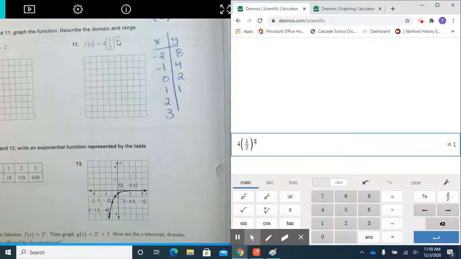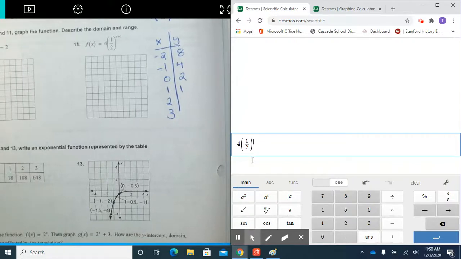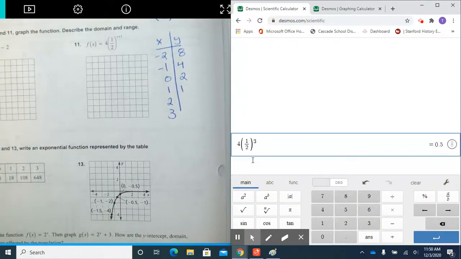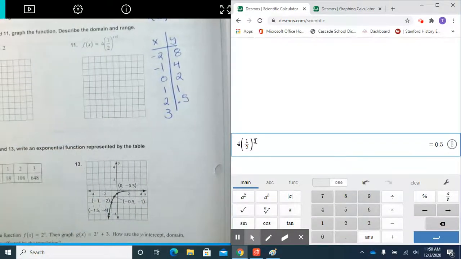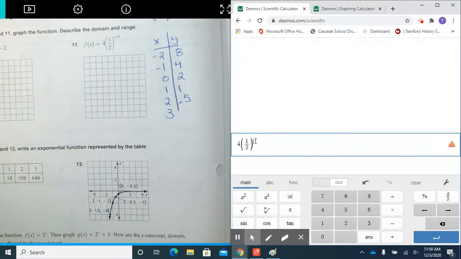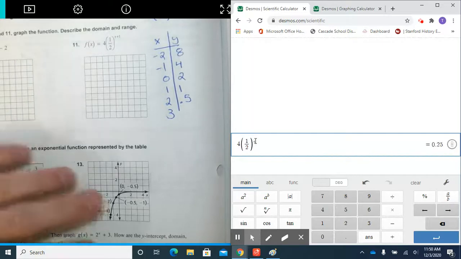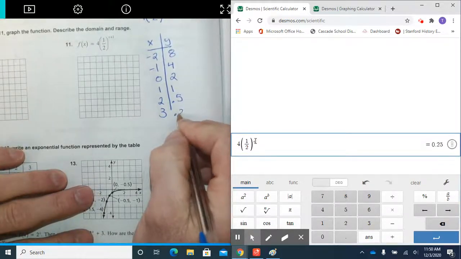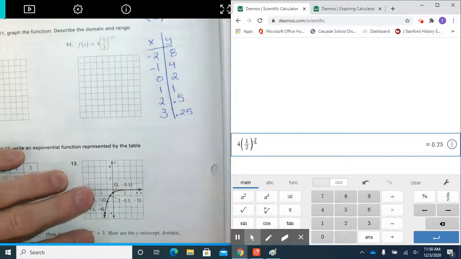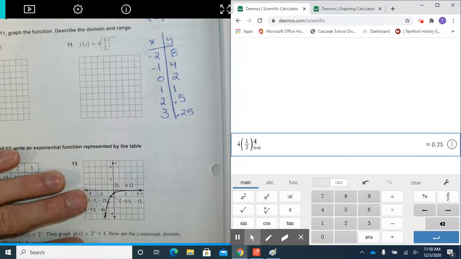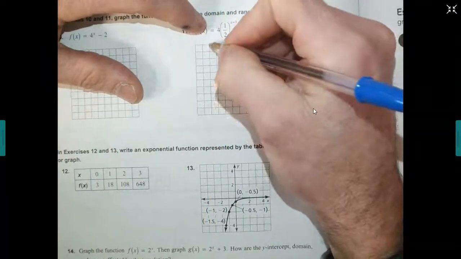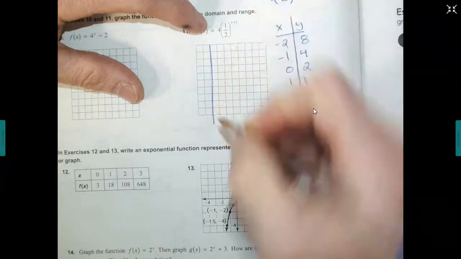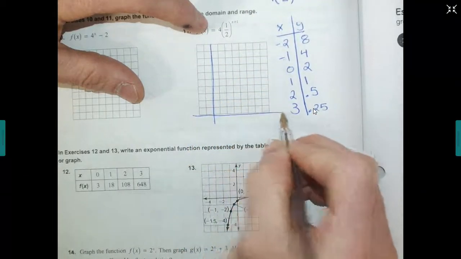Then 2 plus 1 is 3, so I get 0.5. And then 3 plus 1 is 4, so we get 0.25. It's a bit of a mess, but in the end, you get your table.